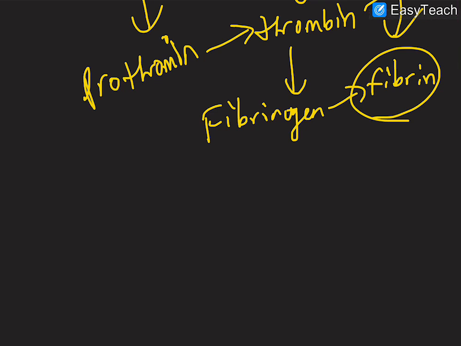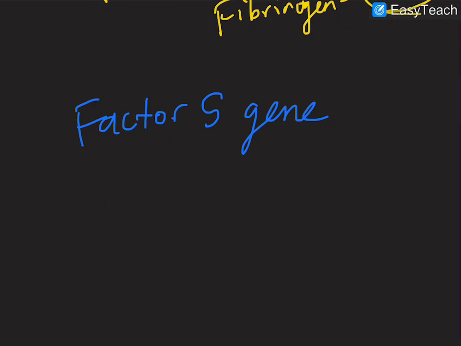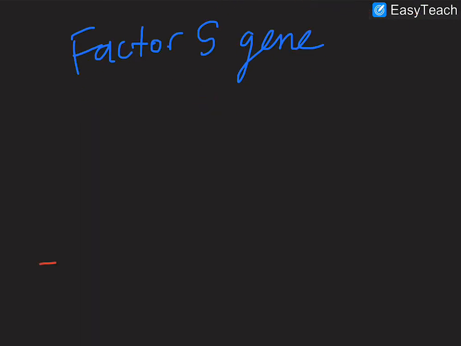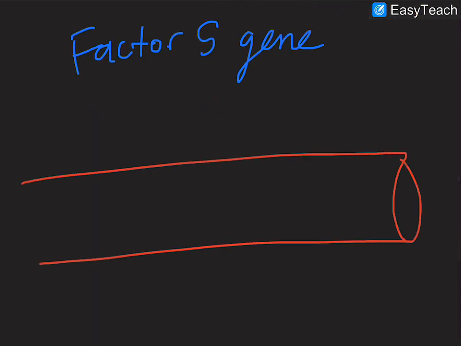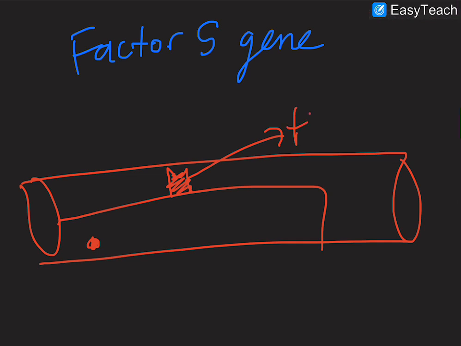Well, factor V Leiden is a point mutation in the factor V gene. Usually, remember, we have our endothelial lining. If I just draw one big endothelial cell like this, on our endothelial cell, we have a protein called thrombomodulin.